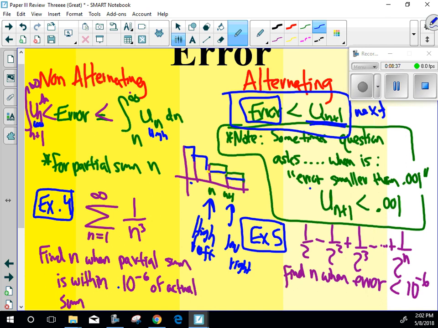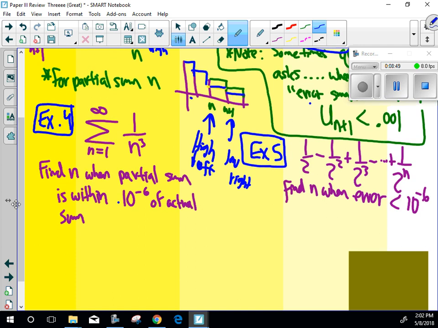The word question is, when is this less than? And we ran into that with the problems a few times. And it says find n where the error is 10 to the negative 6. So what you're going to do is you're going to say find n when it's less than 10 to the negative 6. Okay, that next term is 1 over 2 to the n plus 1, correct?